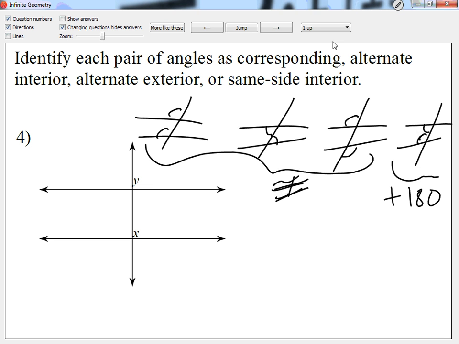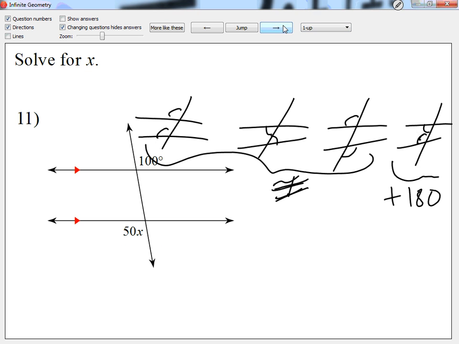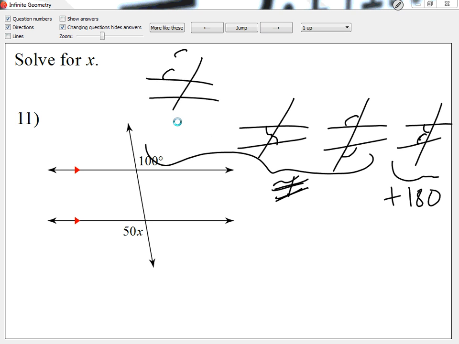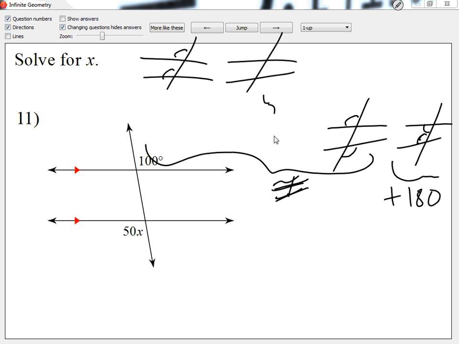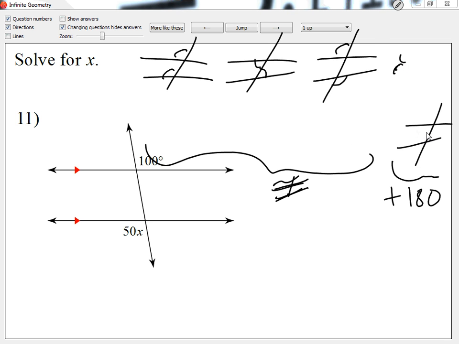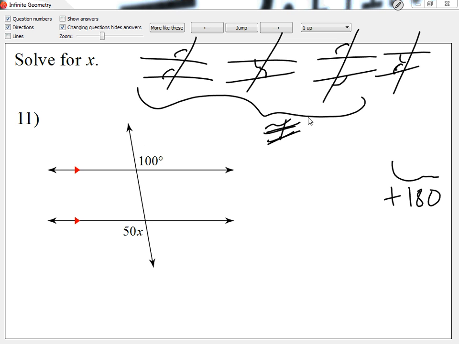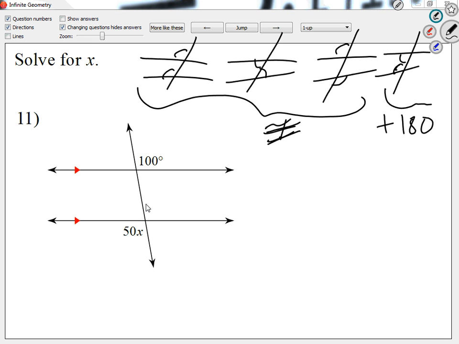No? Alright, so take a look at question number 11. We have to solve for x. Let me bring my example up here. Alright, number 11, which type of angle is that?